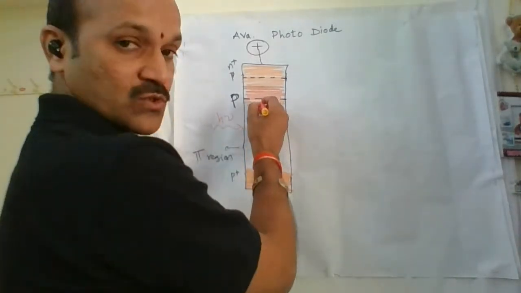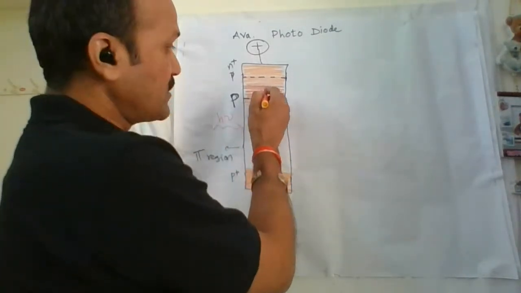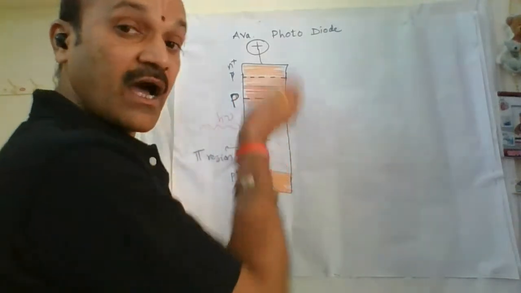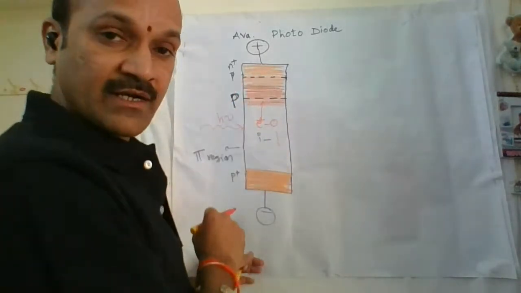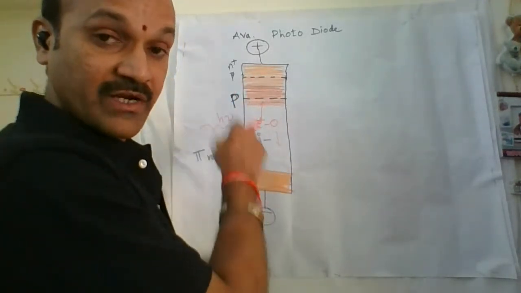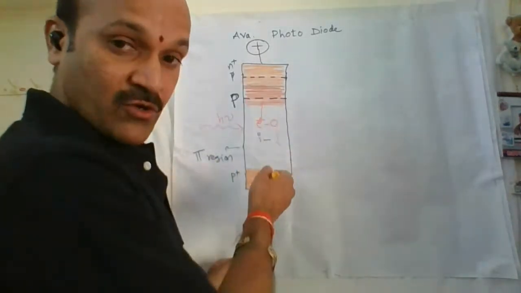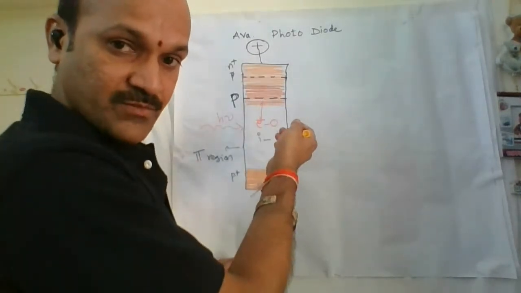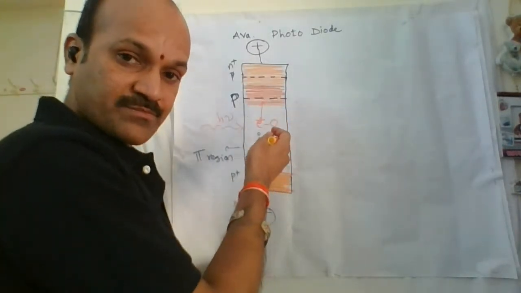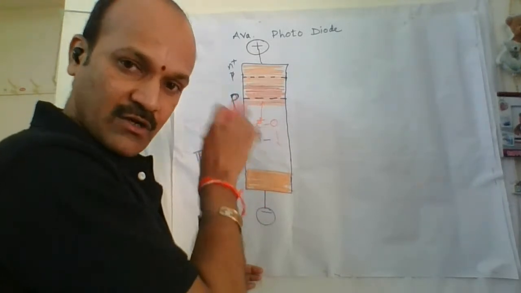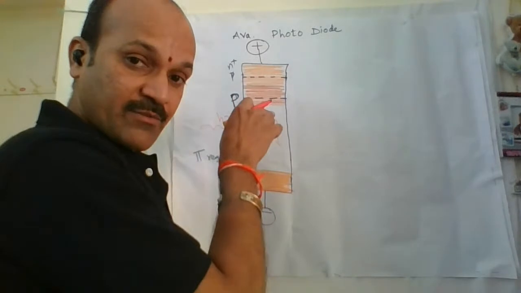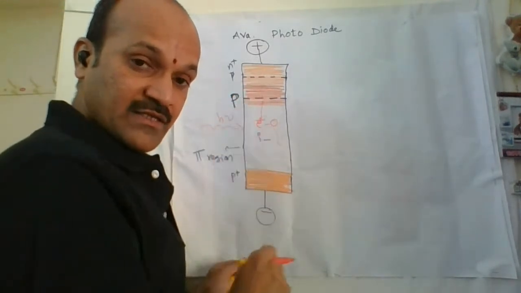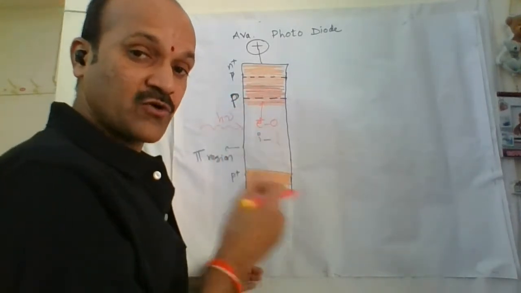This electron moves to this region, and this region has a higher electric field. Clear? Due to that higher electric field, these electrons get accelerated, and they collide with other electrons and with atoms over there. When this electron collides with an atom, it removes an electron from that atom.